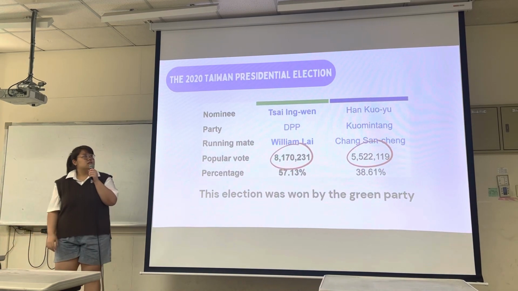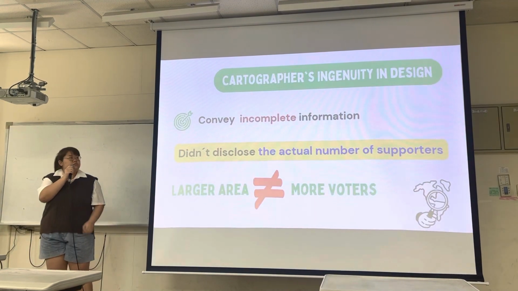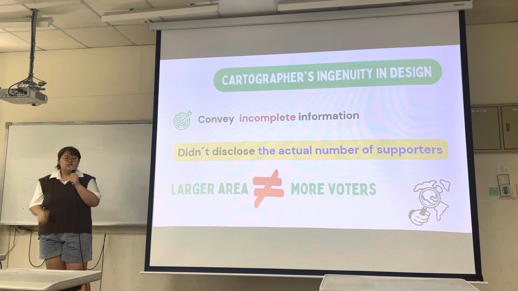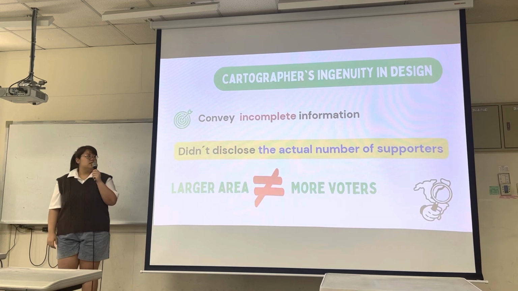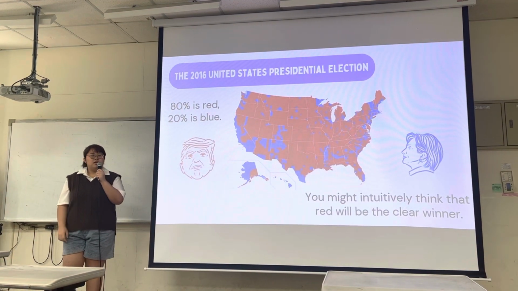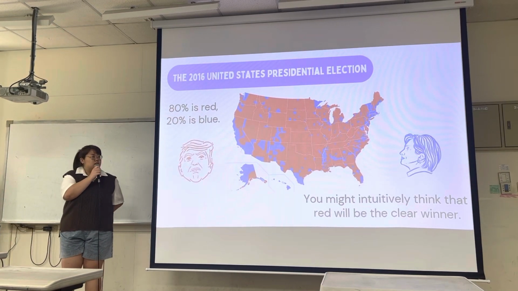Okay, now we're discussing why we're misled by charts. Taking the previous examples, there are two reasons why we are deceived. For instance, the distribution in the United States during the 2016 presidential election was not accurately represented by the map. The map showed the distribution of regions instead of voters.